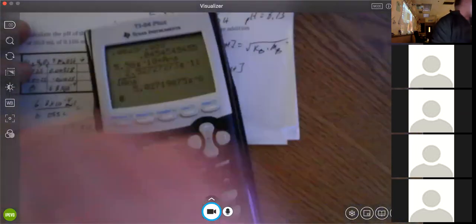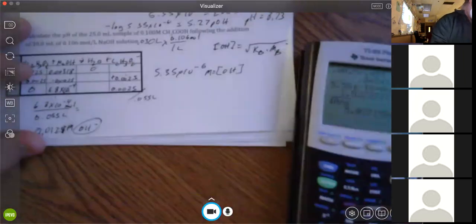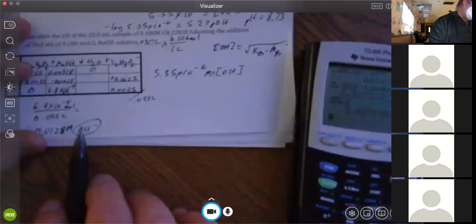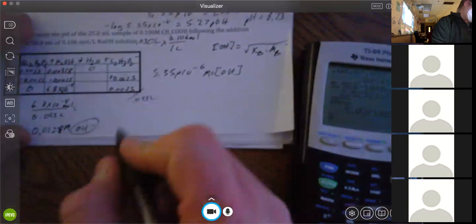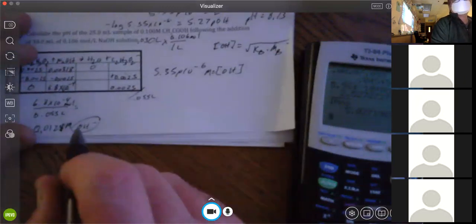So then you could do all this, or you could take that to heart and say that's most likely what's going to happen. Totally up to you. But what we end up seeing is that this is the major contribution of our hydroxide ions. So how do we go from pH from there?